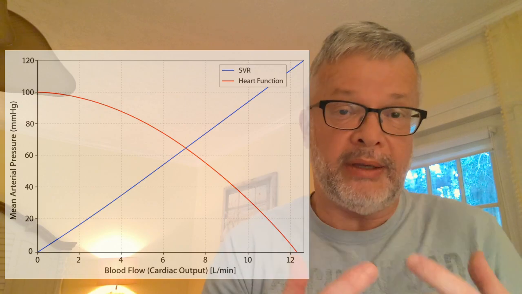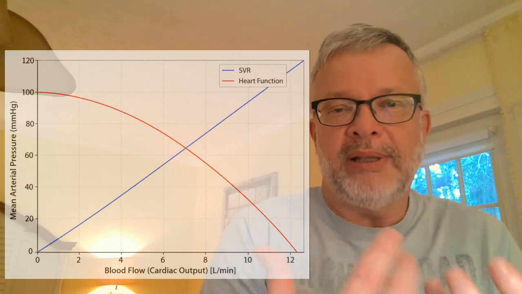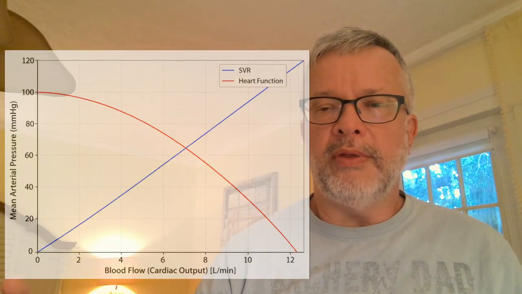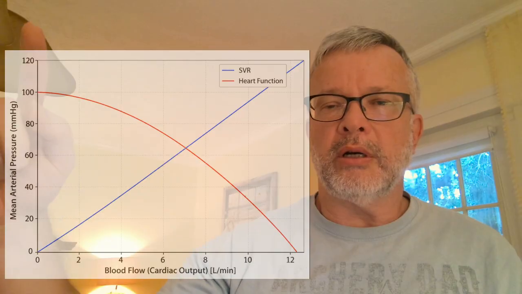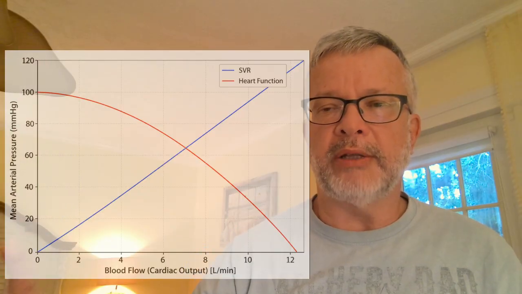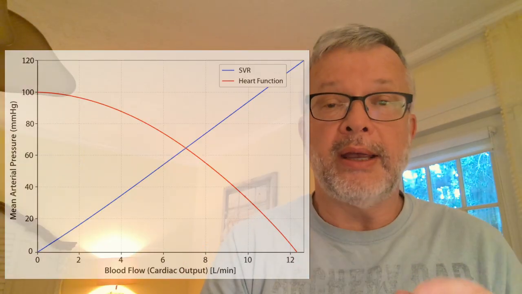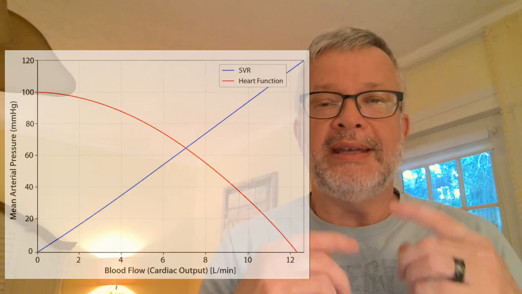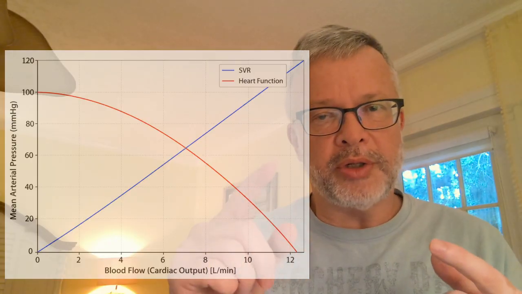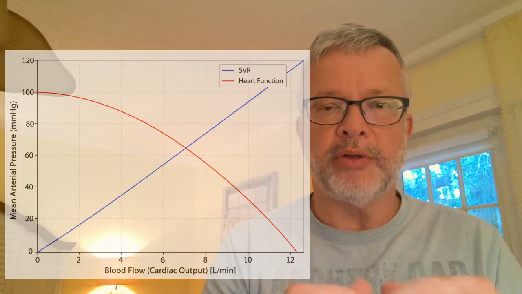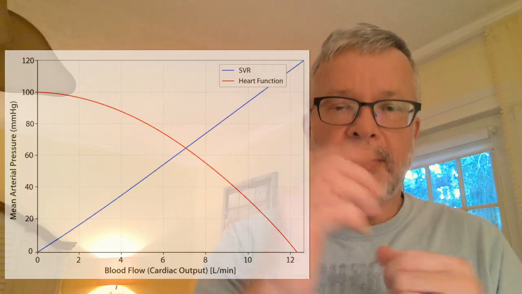That's the blood flow that comes out of the left ventricle. On this axis here, you see blood pressure. That's the arterial blood pressure. Again, it's the mean number. It's not the pulsatile pressure. We are talking about average mean numbers for cardiac output and pressure.